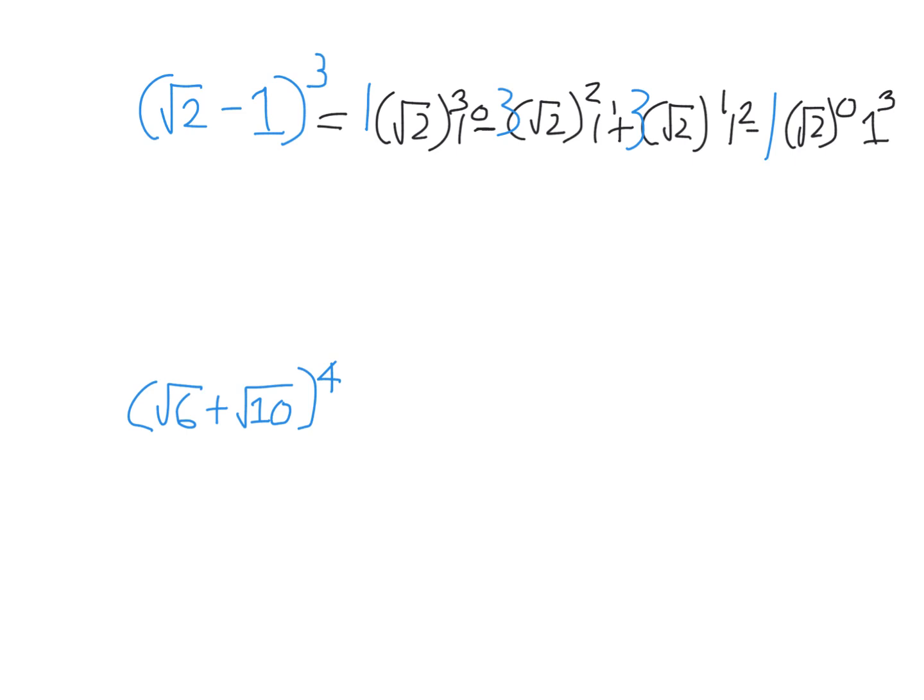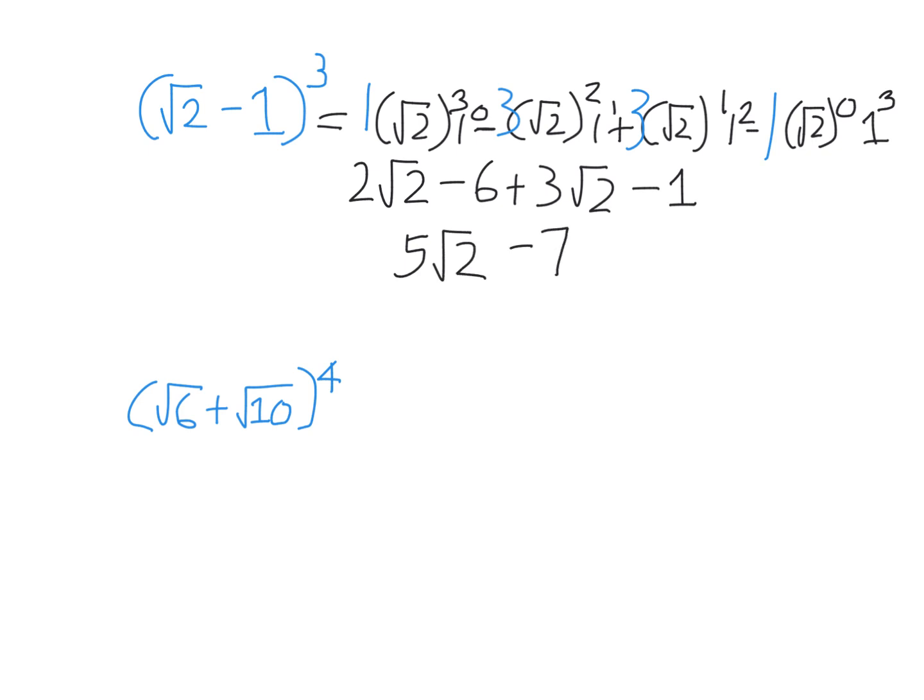So root 2 squared is 2, times it by root 2 again, you get 2 root 2. Here again, root 2 squared is just 2, so this next term will be minus 6. Here we just have 3 root 2, and the last term is just minus 1. So simplifying this, 2 root 2 plus 3 root 2 gives us 5 root 2. Negative 6 minus 1 is negative 7, and we are done.